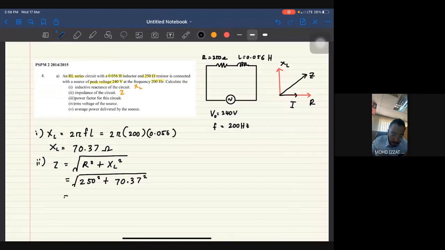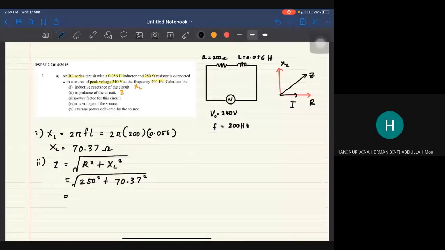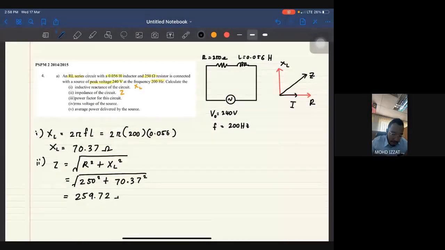Press your calculator, you should get berapa ni? 259.72. Okay, good.